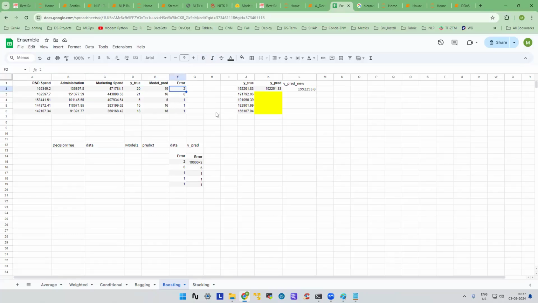How much error? 1. This is 21, 6 means 5. 5, 5 means 0. 16, 6 means 0. 18, 8 means again 0. So we got the errors. Perfect.